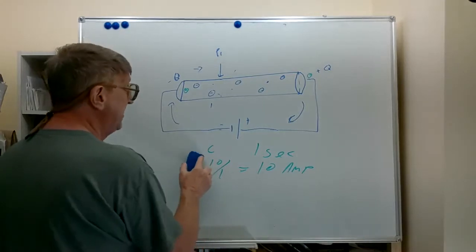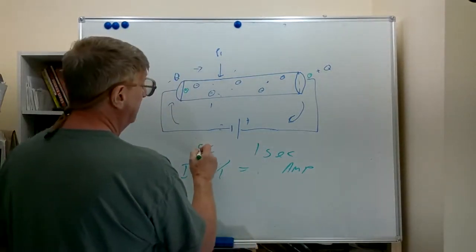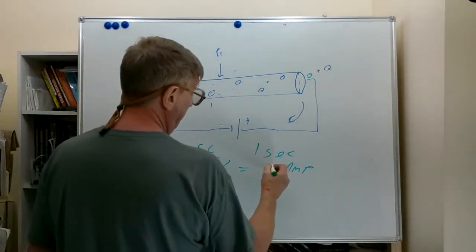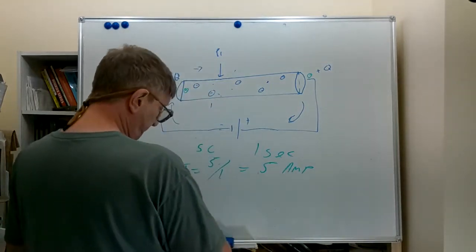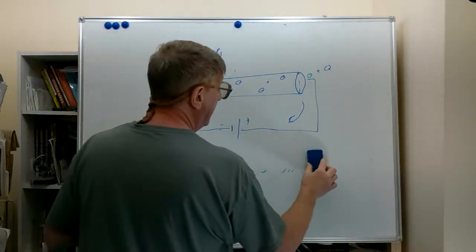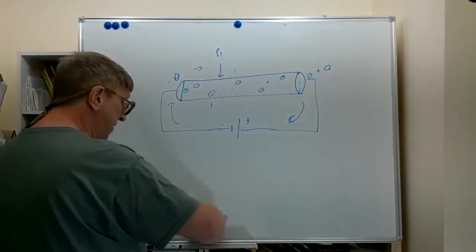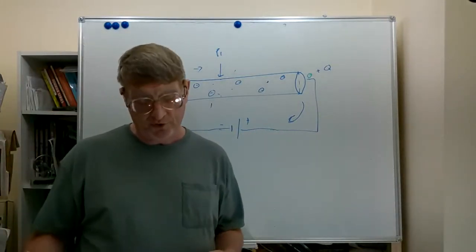Change this to a 5. This to a 5. 5 coulombs of charge travel past the point in the circuit in 1 second. We have 5 amps. So we see that a current is the movement of charges, and we measure it in a rate, amperage, which is basically coulombs per second.